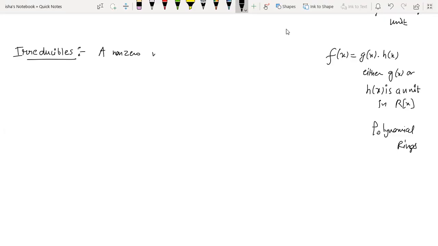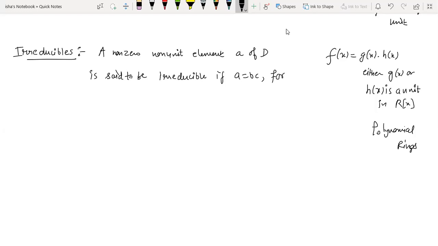A non-zero, non-unit element a of D, the integral domain, is said to be irreducible if a = bc for some b and c in D, then either b is a unit or c is a unit.